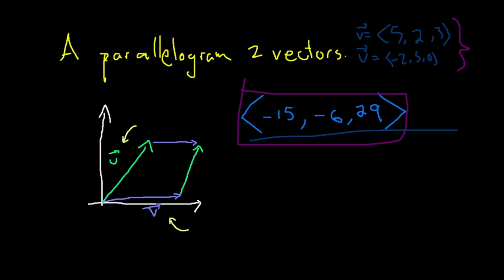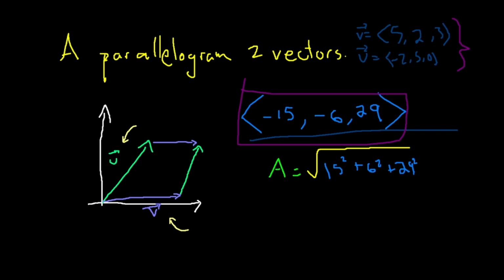So we can do area equals the square root of each of these coordinates. So we're going to square all of them. So we're going to do 15 squared plus 6 squared plus 29 squared.